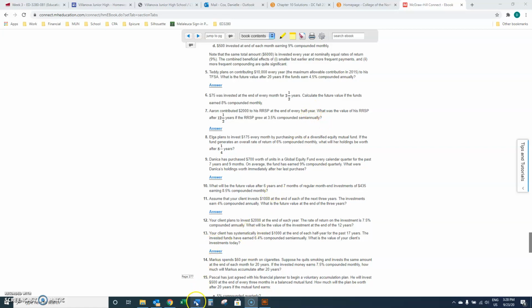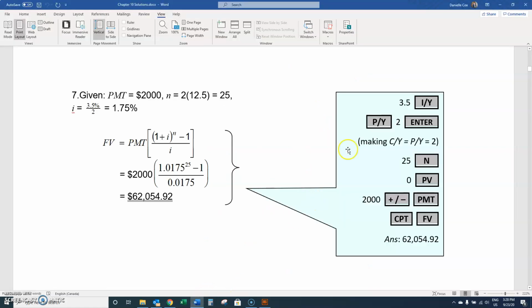So once we've jotted down that information, we had 3.5 equals your interest per year. Because it was semi-annual, you go into the P/Y, payments per year, and you make that equal to 2. Now when you make it equal to 2, your compounding per year is also going to equal 2. Once we get into the examples when the compounding and payments per year are not the same, we enter this here.